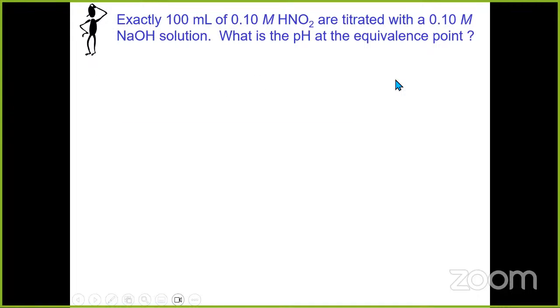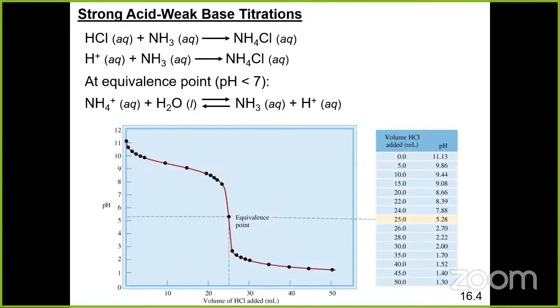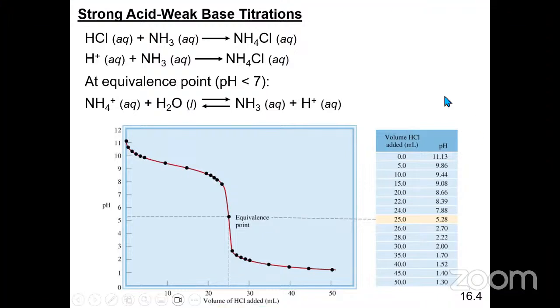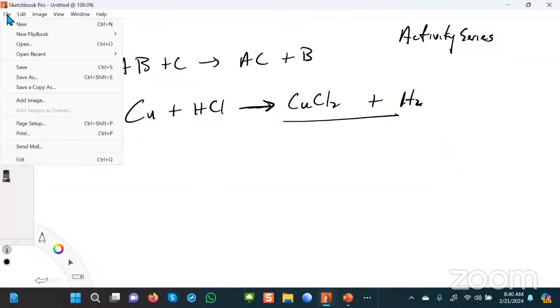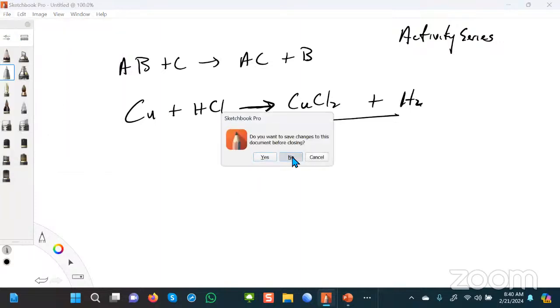Okay, so you might be wondering what would be the shape of a titration curve if the acid and base are both weak. Well, in that case, please forgive me for my lack of artistic skills, but I'm going to try to draw what the curve would look like.